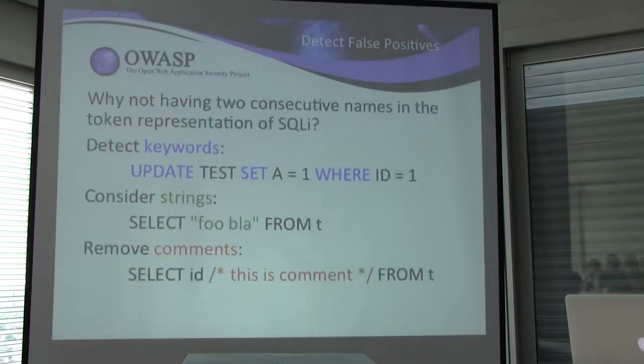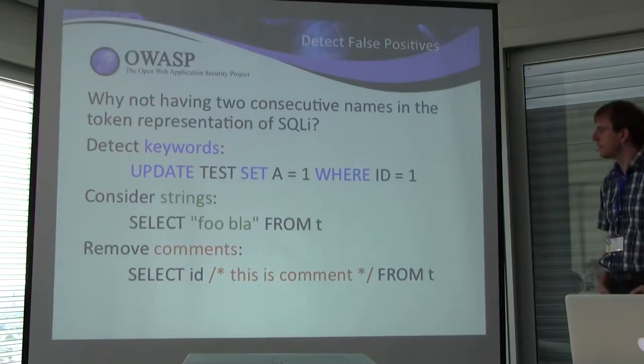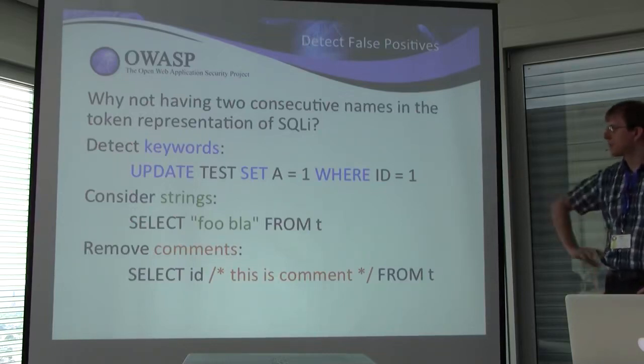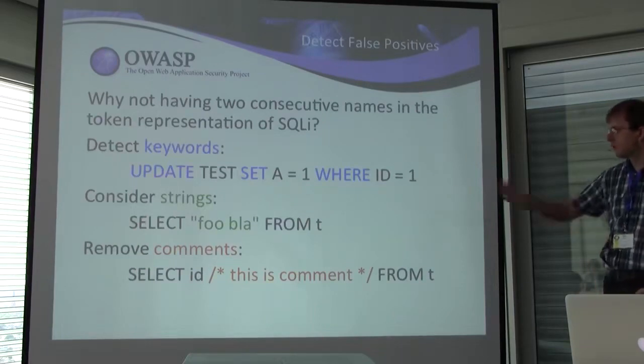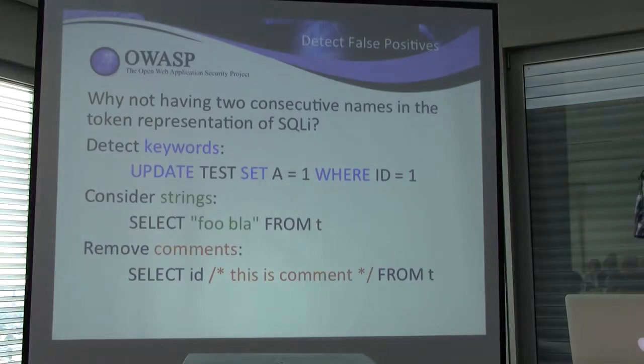So why, for example, are two consecutive names not common in SQL? When you have an update statement and you parse all the keywords, you no longer have two consecutive bare names. The parser also considers strings and comments, and everything helps to make this approach possible.